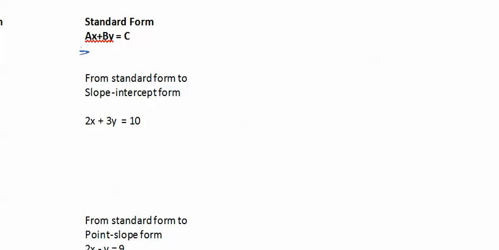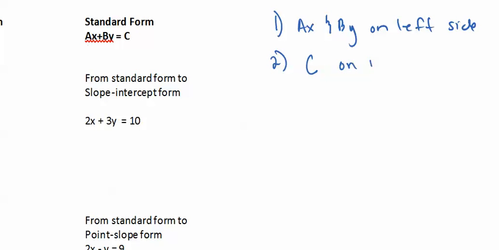And also remember that AX and BY should be on the left side and C should be on the right side. Okay, so when we do our checklist for standard form, we learn that AX and BY should be on the left side, and then also C on the right side.